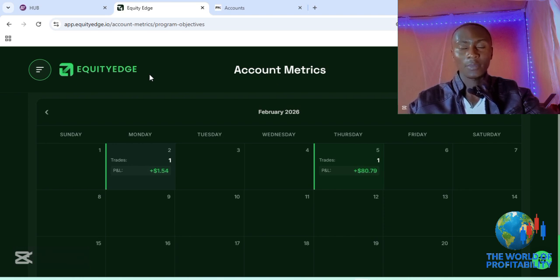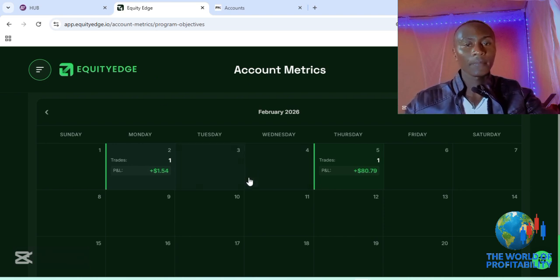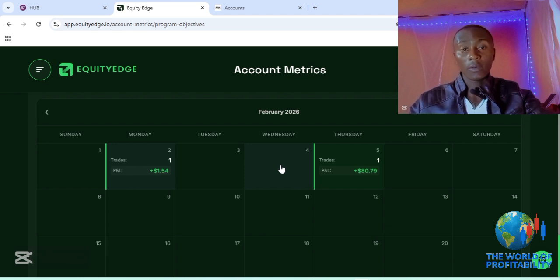Speaking for myself, a consistency rule is a rule that sometimes makes traders delay their progress in this trading journey. So I don't know whether I would purchase another account with Equity Edge, but with this account that I'm funded with, I'm trying to request a payout and see how I can work around the consistency rule.